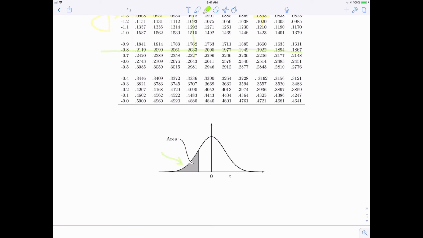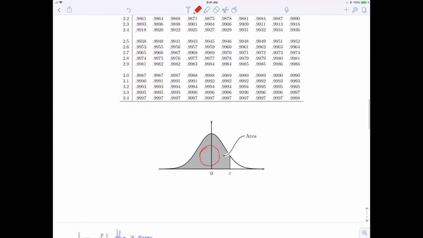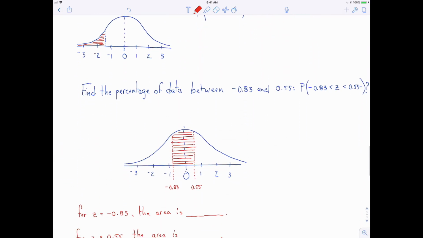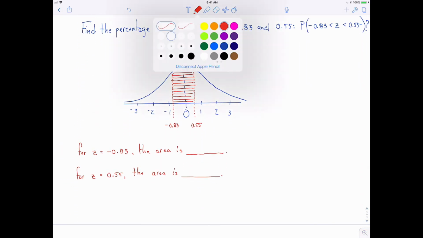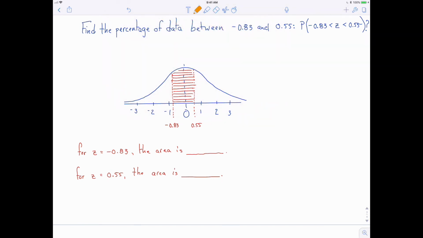Everything to the left. So keep that in mind, and let's go label our picture, 0.2033. Okay, so I'm going to use a different color. We're going to use orange for this. So that's this orange. That's all the area to the left. And so that is 0.2033. That's the orange area.